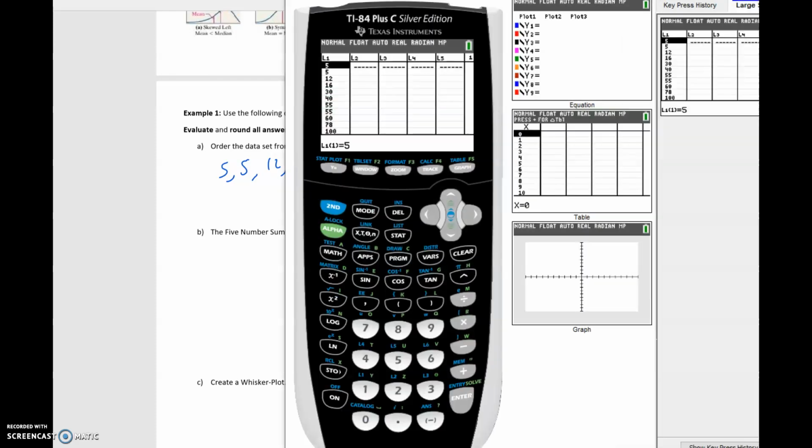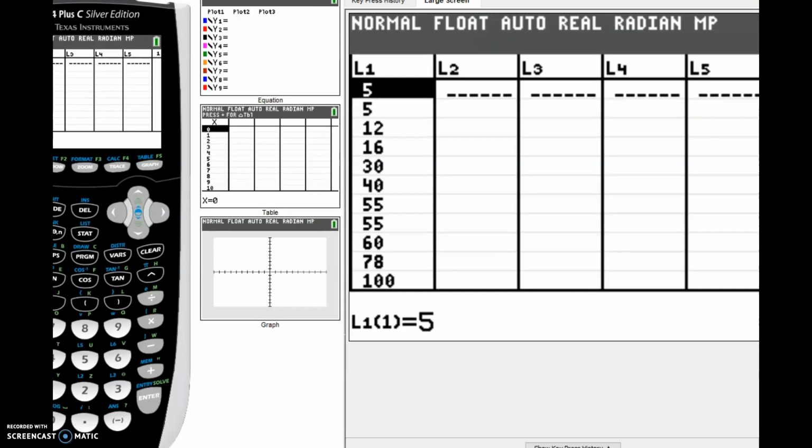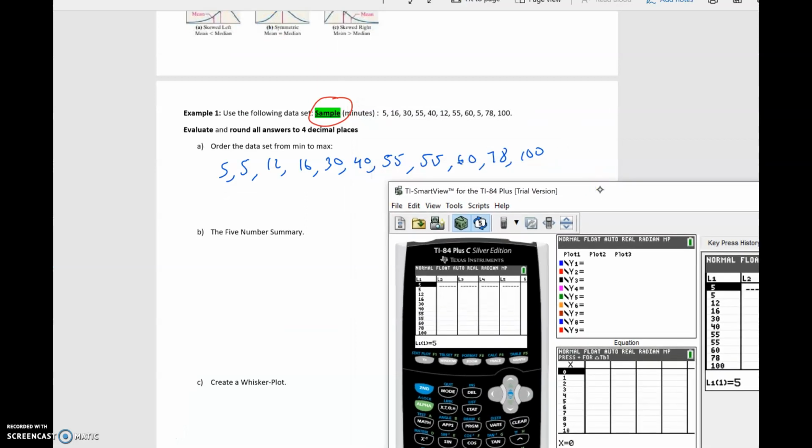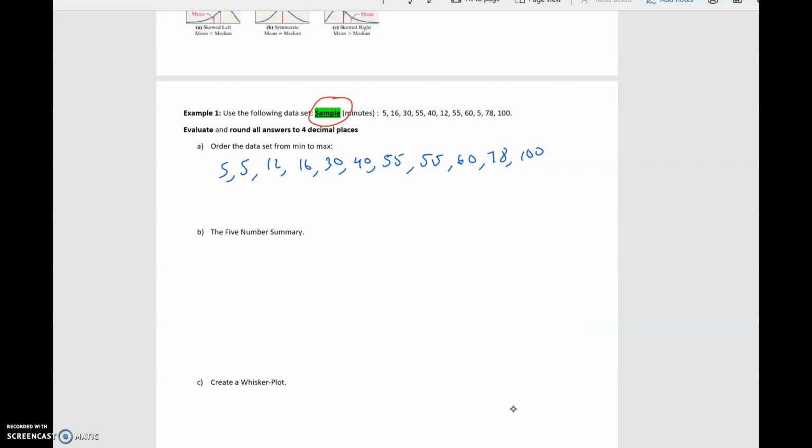Let me double check to make sure that there are no typos in the data set. Once we sort it, I see two 5s, a 12, 16, 30, 40, 55, 55, 60, 78, and the maximum is 100.